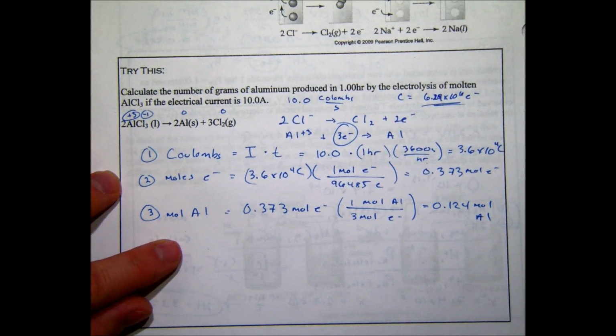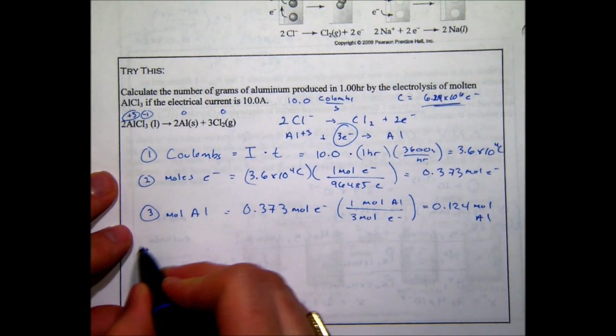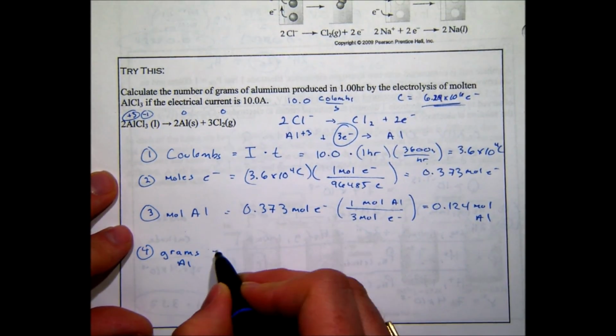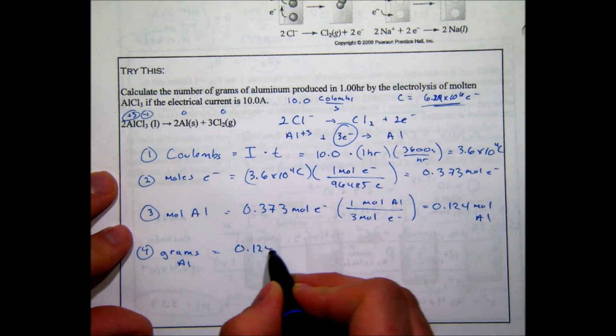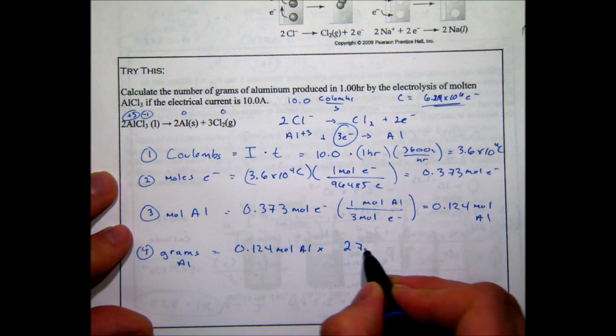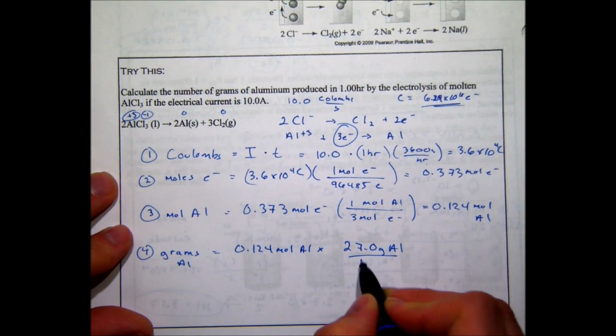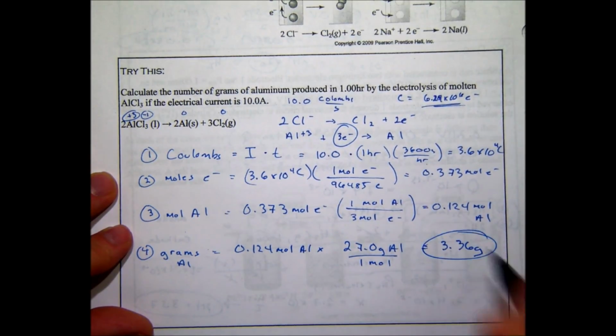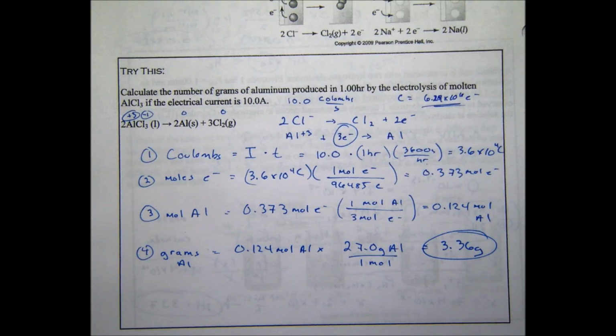So now I have moles of aluminum. And the final thing we'll do is grams of aluminum is equal to 0.124 moles of aluminum times 27.0 grams of Al for 1 mole, which equals 3.36 grams. So we will get 3.36 grams.